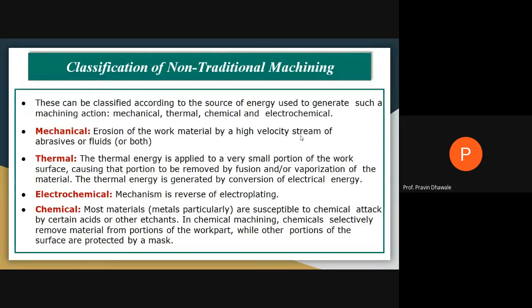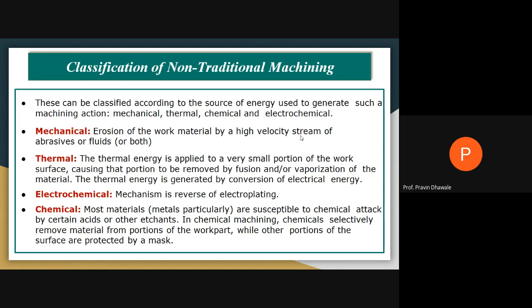In chemical machining processes, chemicals remove the material from a portion of the work part, while the other portion of the surface is protected by the maskant. That is, the portion of the workpiece from which material is to be removed is open only to the chemical.